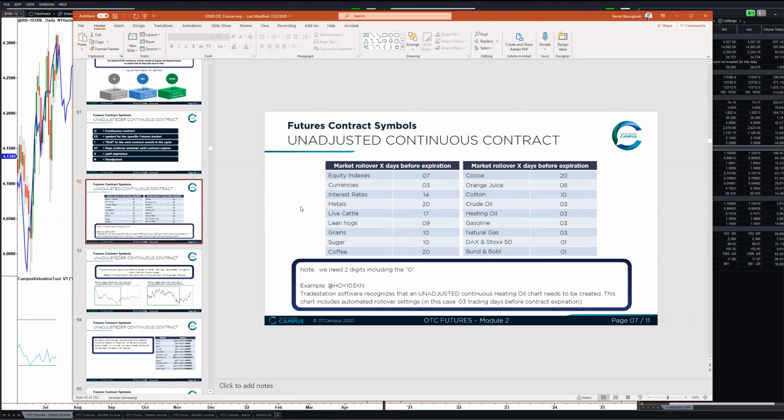So you see here gasoline, the XN value. And for all the grains it's 10, for lean hogs 07. If you have to construct your own unadjusted chart, this will help you, right?